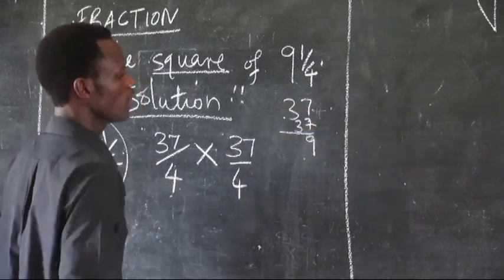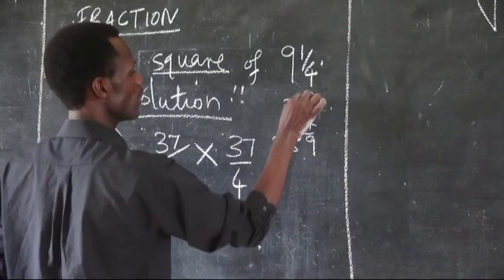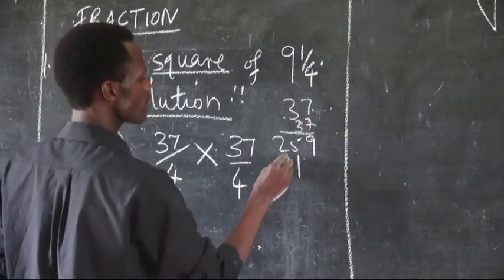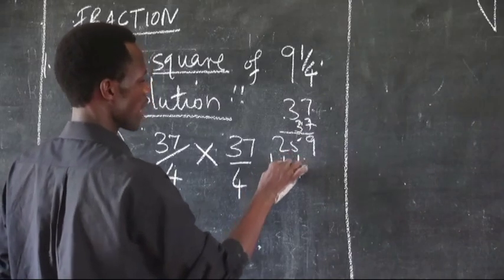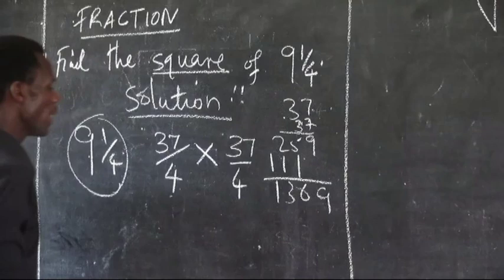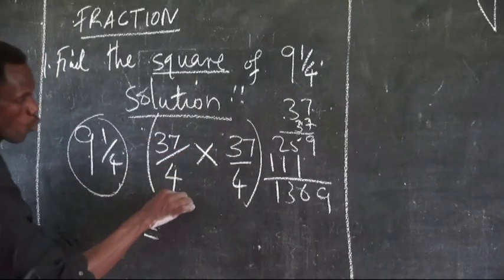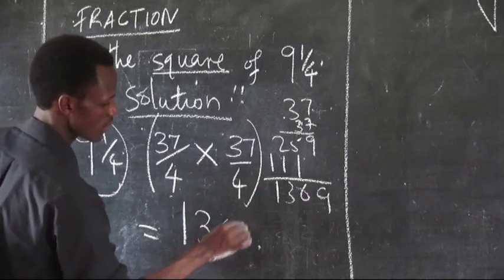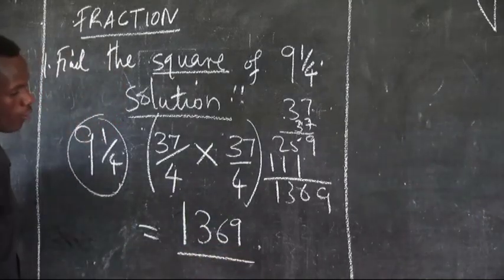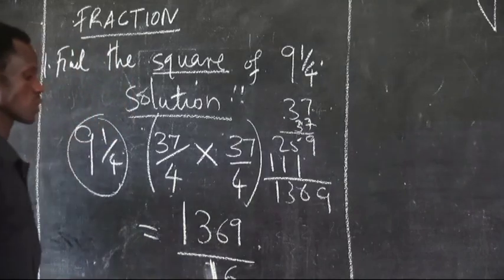Then 7 times 3 is 21, plus 4 is 25. Then 3 times 3 is 9, plus 2 is 11. Now after this, you get 1,369 over 4 times 4, which is 16.